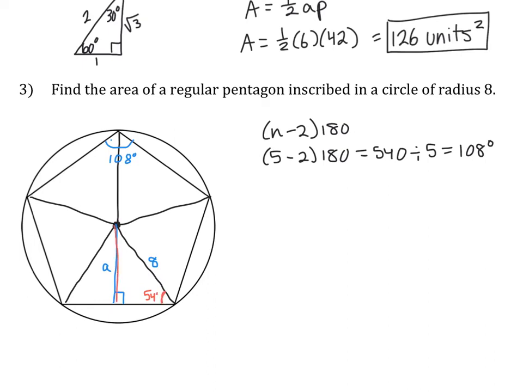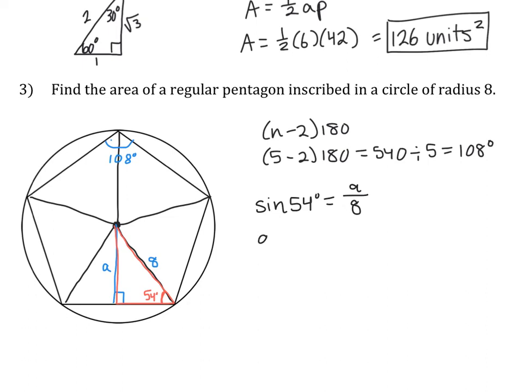So now we have a right triangle that we can work with. So here, if I'm using this angle, I notice this is the opposite side, this is the hypotenuse. So then if you remember, sine is opposite over hypotenuse, so that's the trig function we will use. Sine of 54 degrees equals a over 8.